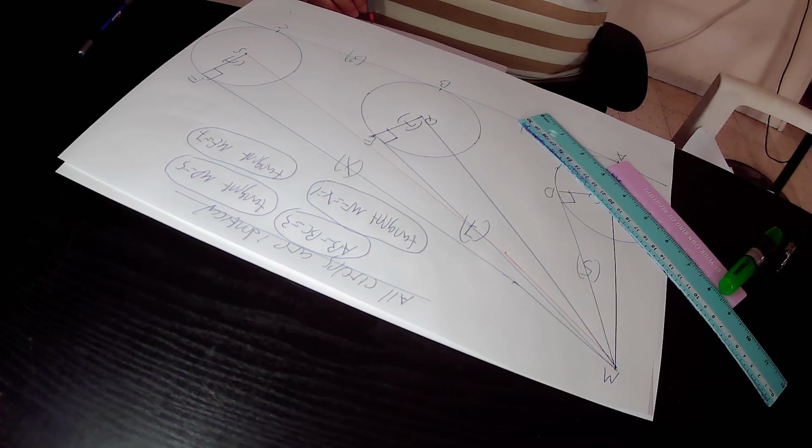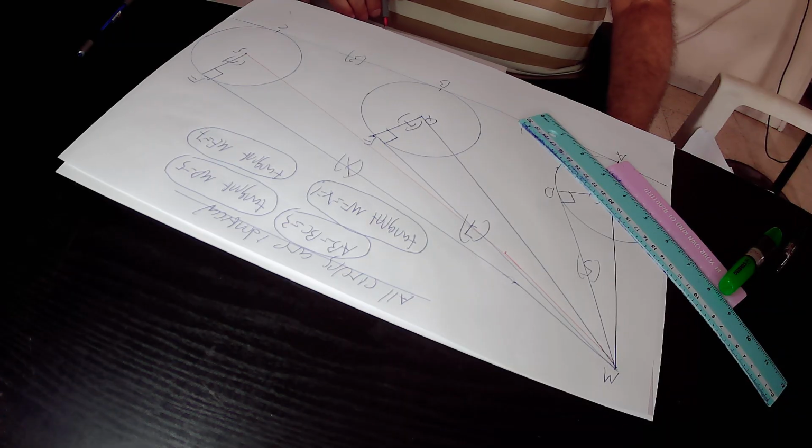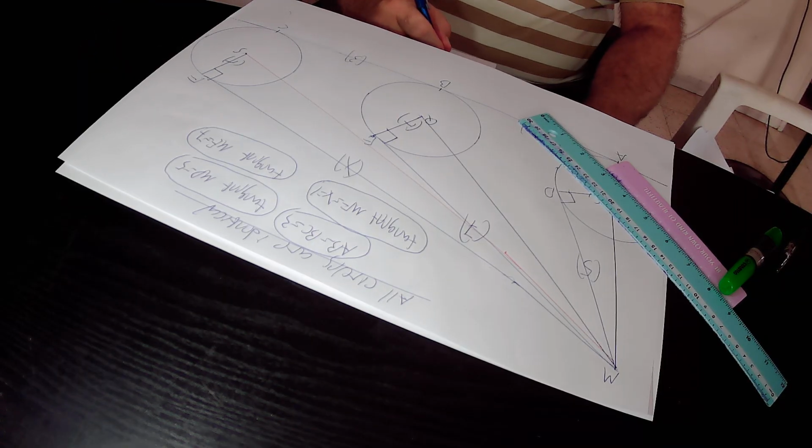So we implement the Pythagoras theorem on this right triangle, triangle MSF. According to the Pythagoras theorem, in this right triangle MSF, MS squared, that is the square of the hypotenuse, is equal to SF squared plus FM squared.